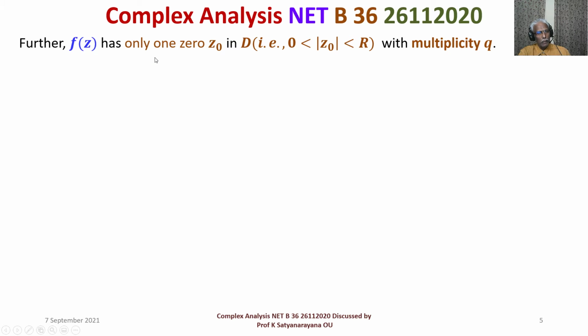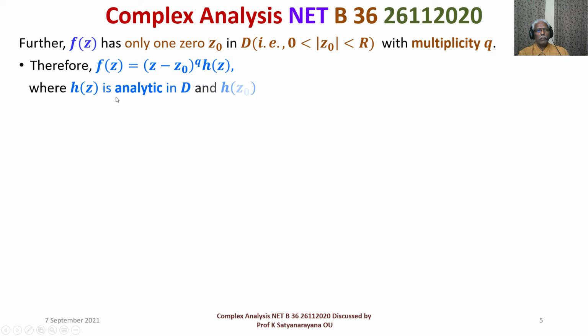f(z) is analytic and it has only one zero at z0. So f(z) can be written as (z - z0)^q times h(z), so that all the zeros are in the factor (z - z0)^q. h(z) is analytic in the domain D, and h(z0) is not equal to 0, since z0 is a zero of order q.